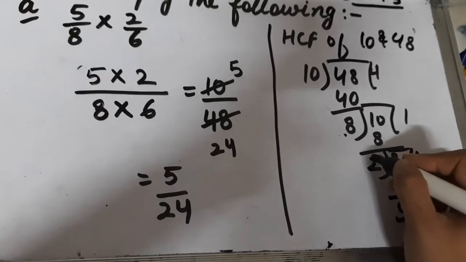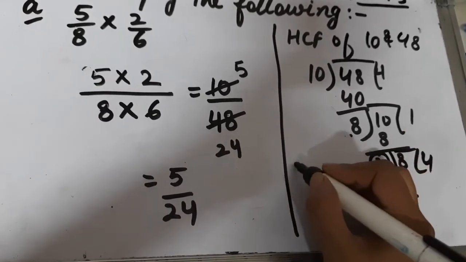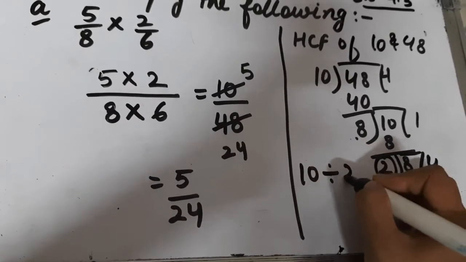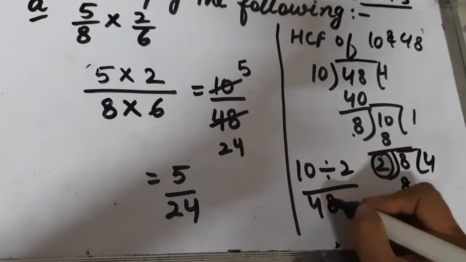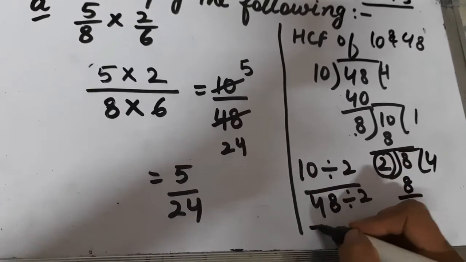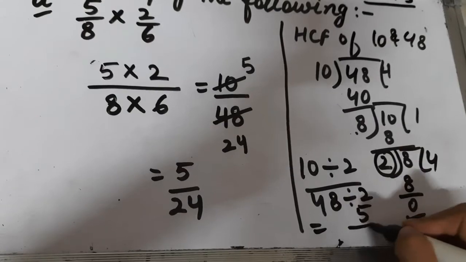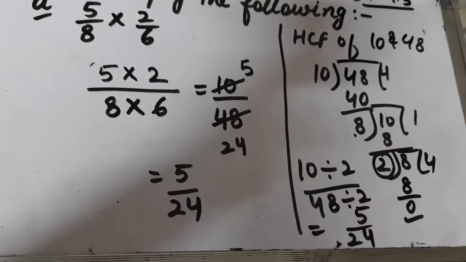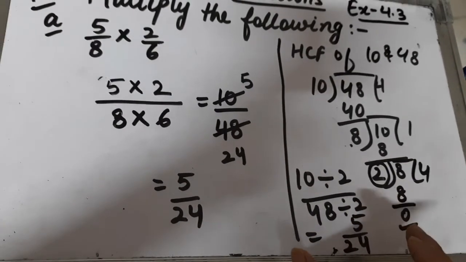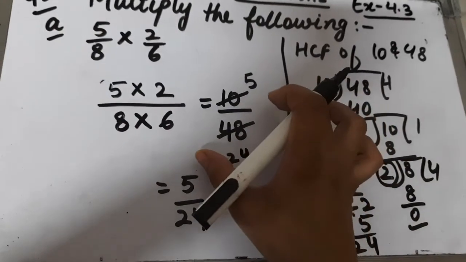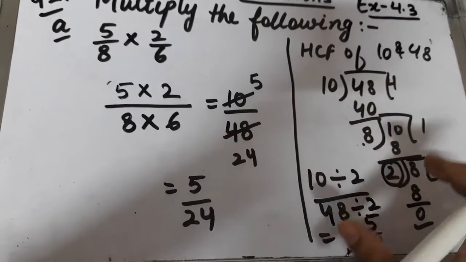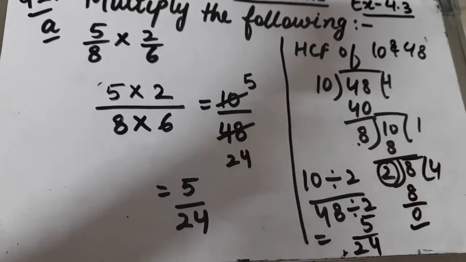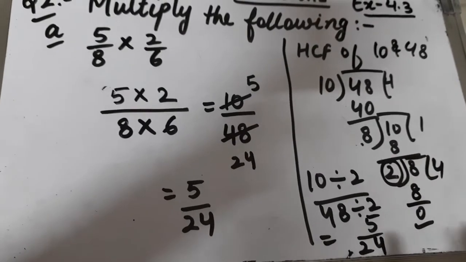So our HCF is 2. So we divide the numerator and the denominator by the HCF. So this will become 2 5s are 10 and 2 24s are 48. So this way we reduce the fraction. We can reduce the fraction directly also or by finding the HCF also. This is your wish, whatever method you can use.